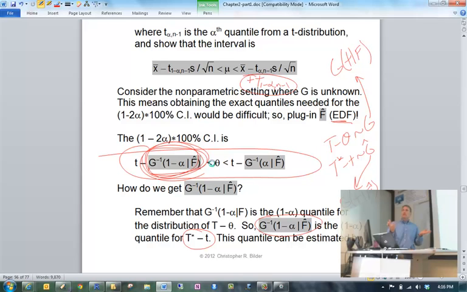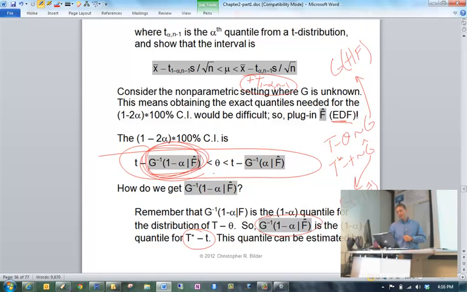Well, what would be the distribution of G here? What's the distribution of the sample mean minus the population mean? Well, it's normal, with mean 0 and variance of sigma squared divided by n. So put a hat on top of the sigma squared, and there's your T minus theta distribution.